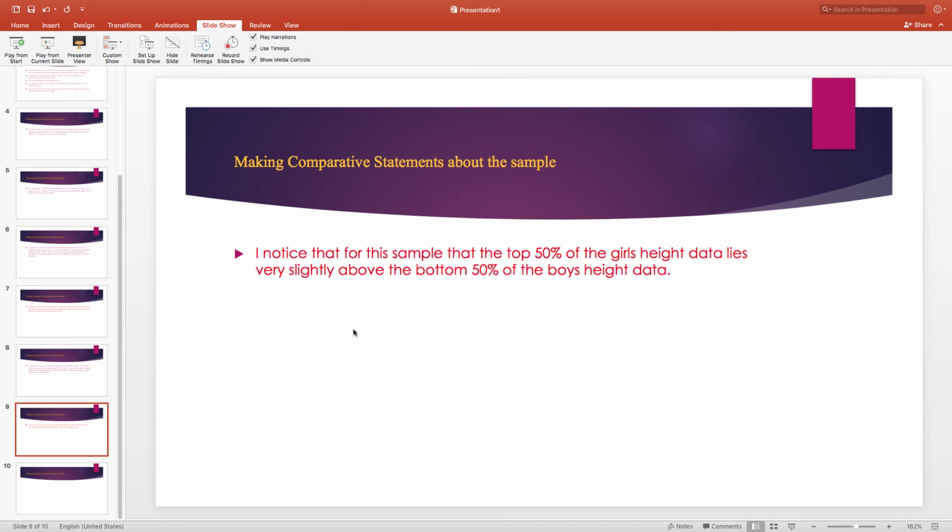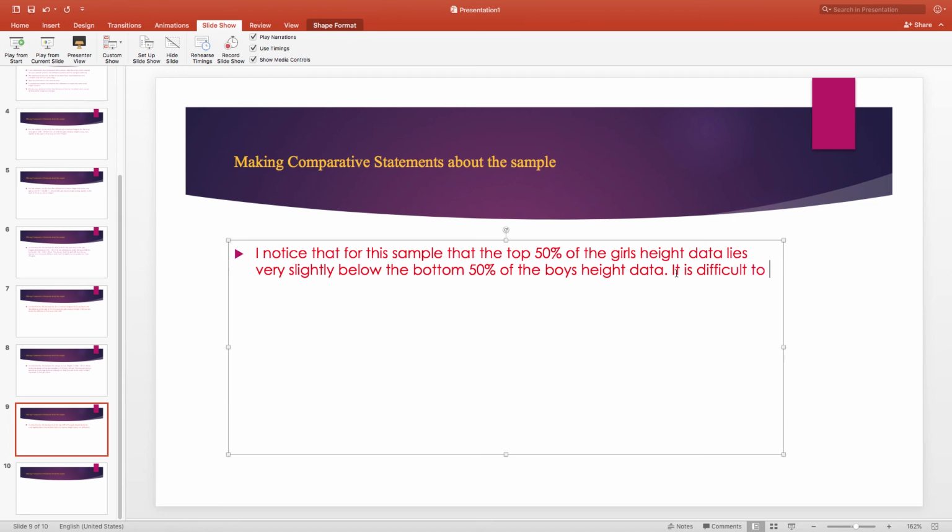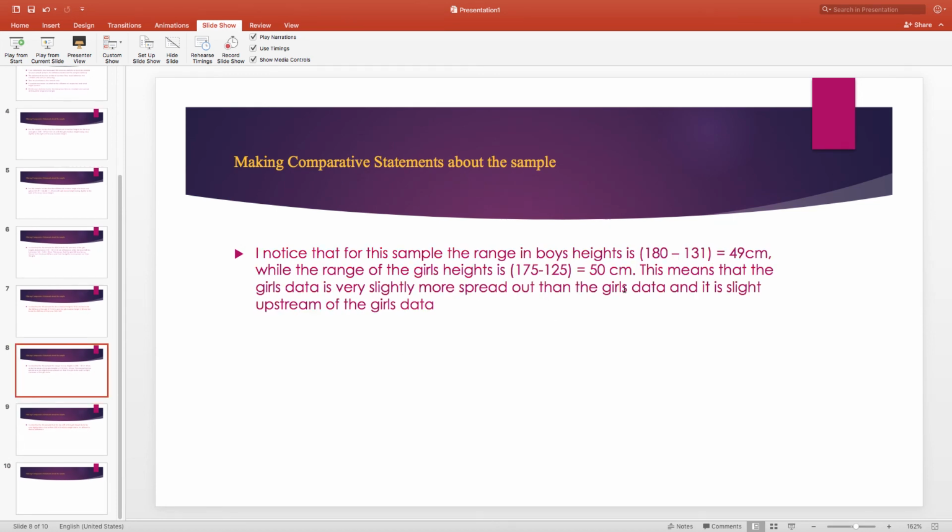It lies, if anything, above or below, so very slightly below the bottom 50% of the boys' data. Even more so, it is difficult to state a difference. And I'm just going to go back here and change this to boys.